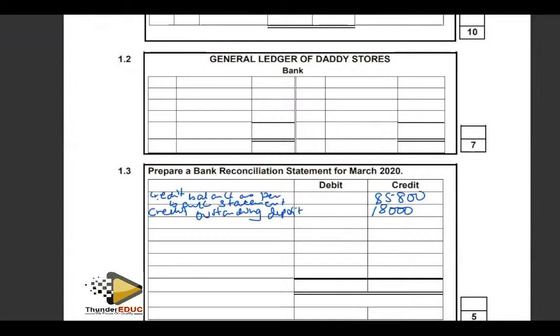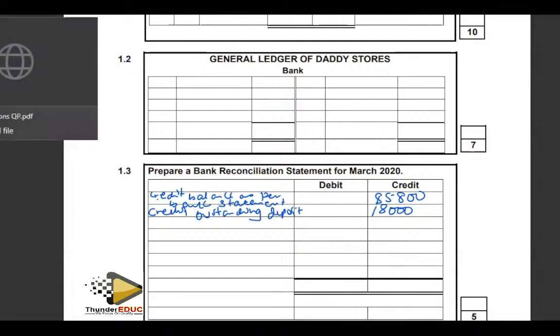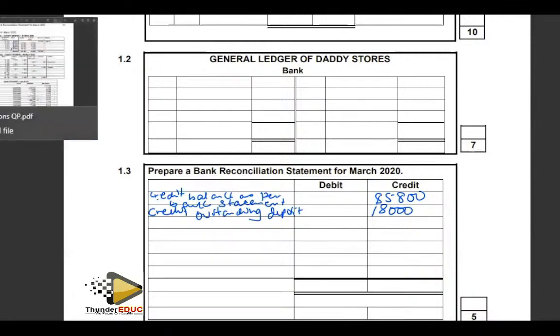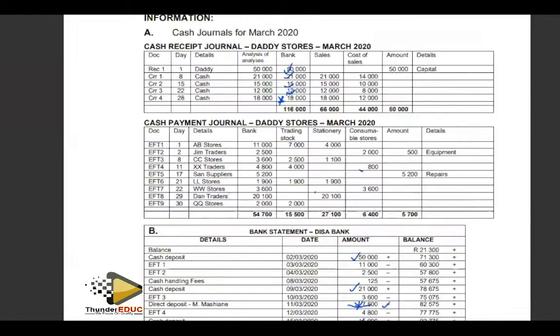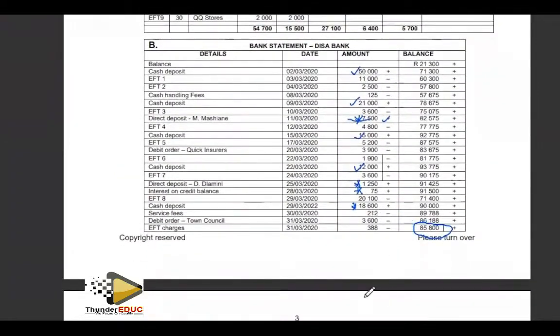Okay, so now we have to look for an amount they talked about. You see this amount? The 18,600, they talked about it, okay? By the way, I never ticked off this. We finished it. Even this one, we finished it.